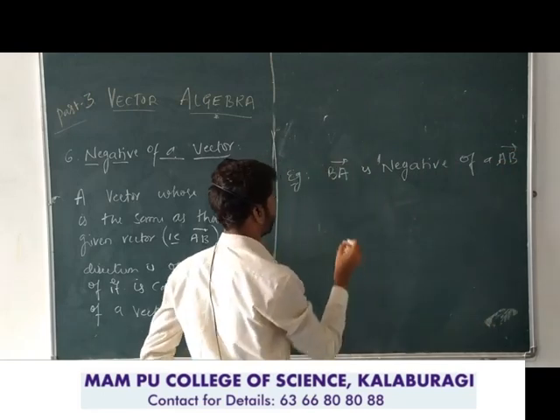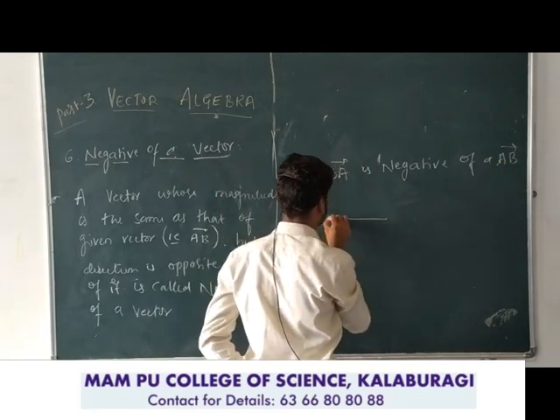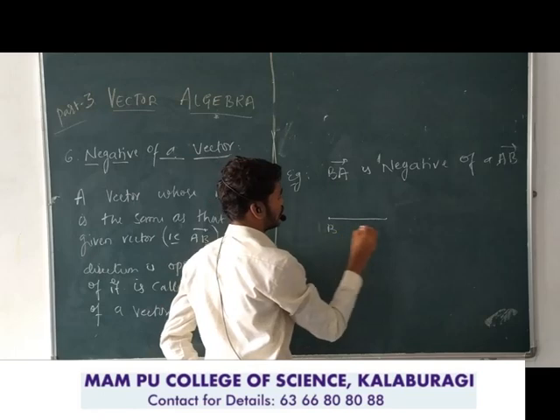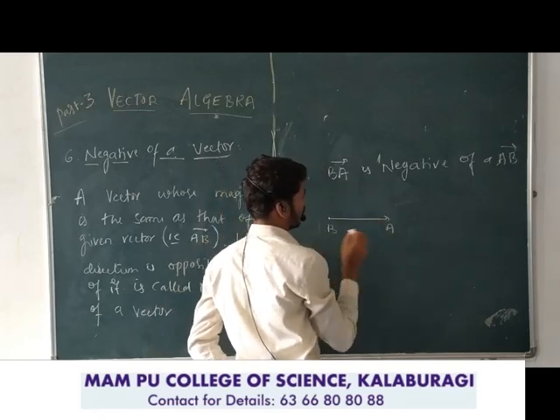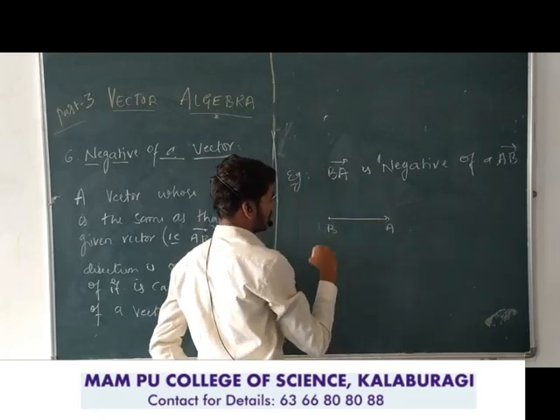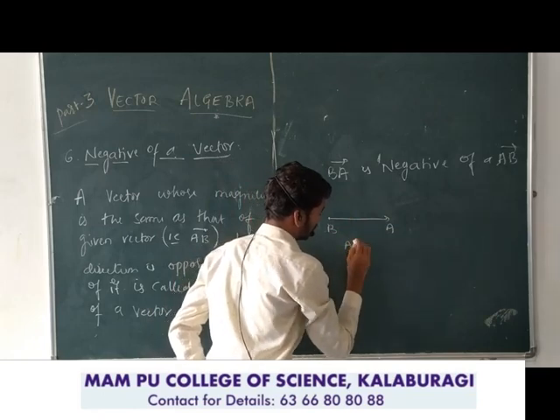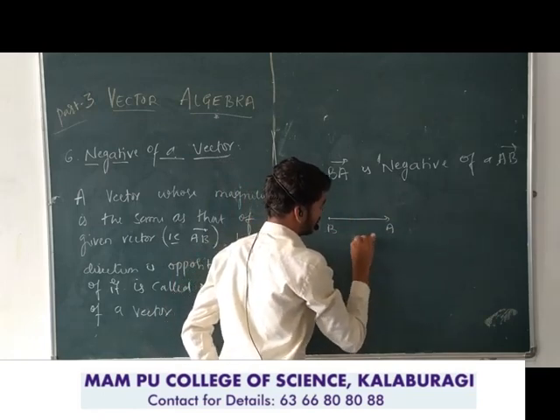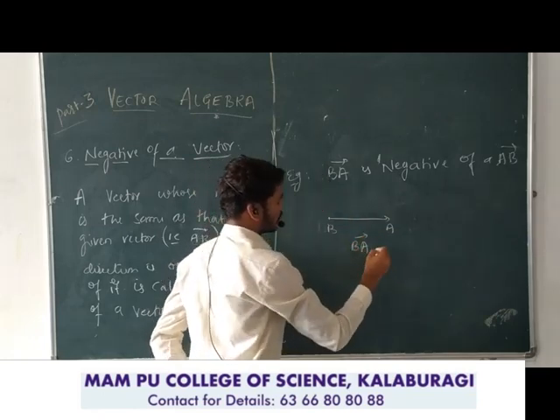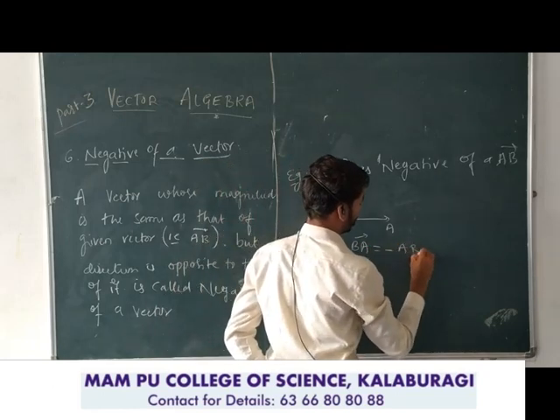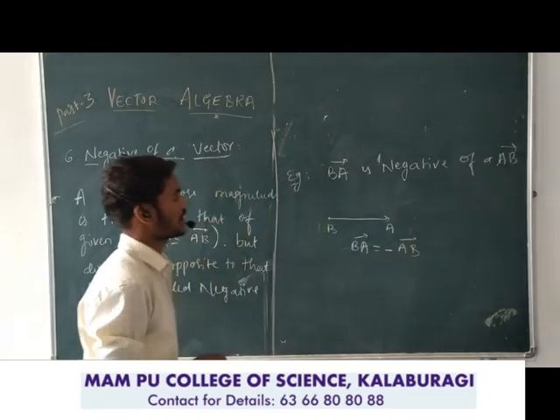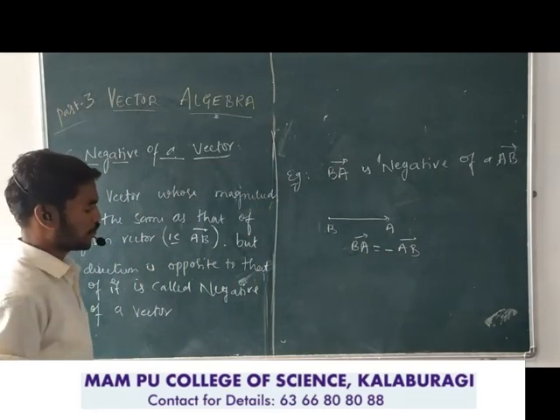How? This is B and this is A. If you represent it in the vector system, it is like that, and the opposite is minus, like this. This is the example of a negative vector.